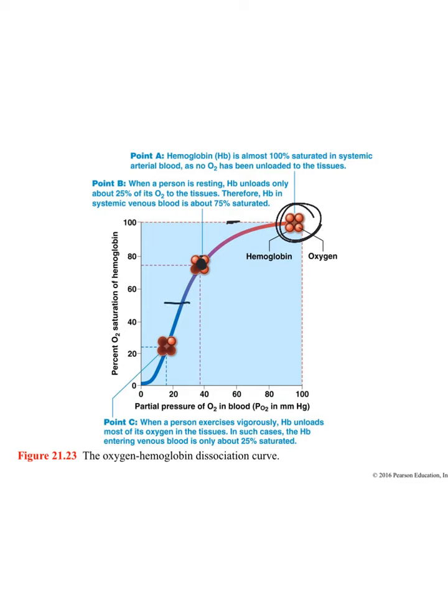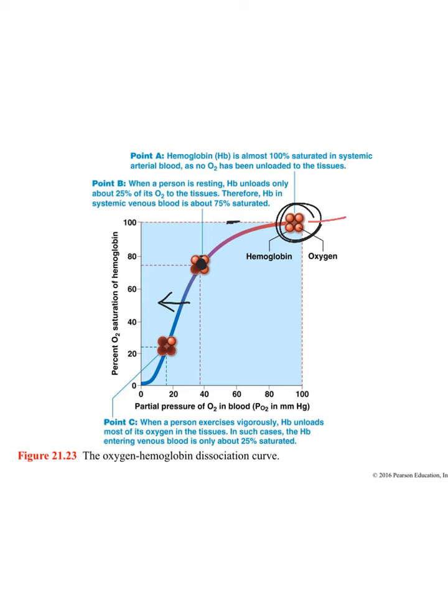Where the other way, if we're moving to a left shift, like we have here, this would be an example when a person's been exercising a lot, they have promoted dropping off the oxygen at the tissues. So there's a very low saturation rate.